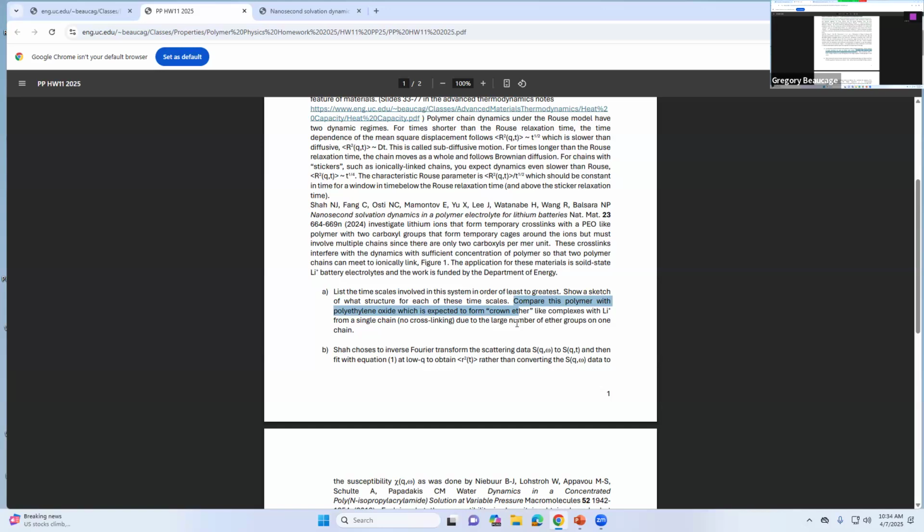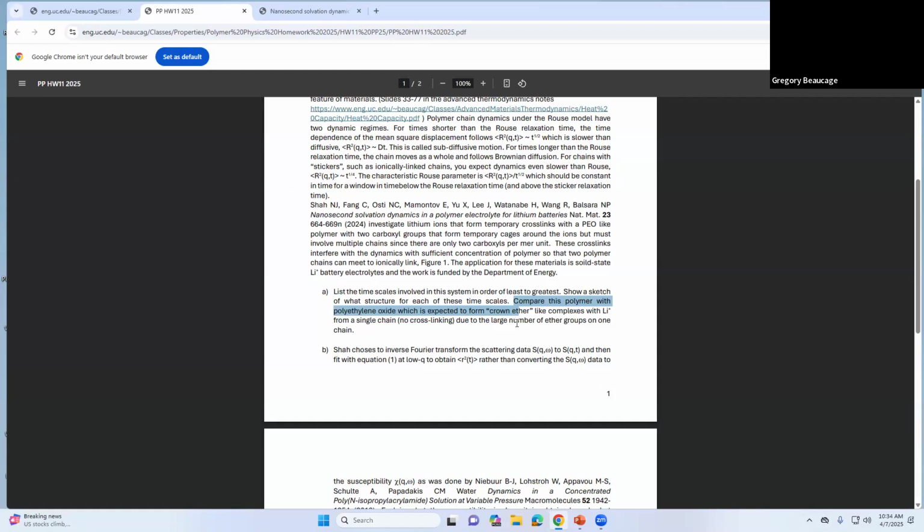But the thing is, he mentions in the paper that he makes a crown ether thing. So you have carbon, carbon. Swap it over. Yeah, all right. Sorry. In this case, you have a lot more oxygens, so they're weaker. It's a weaker connection.